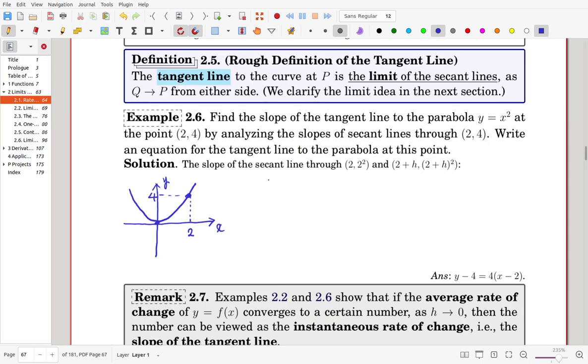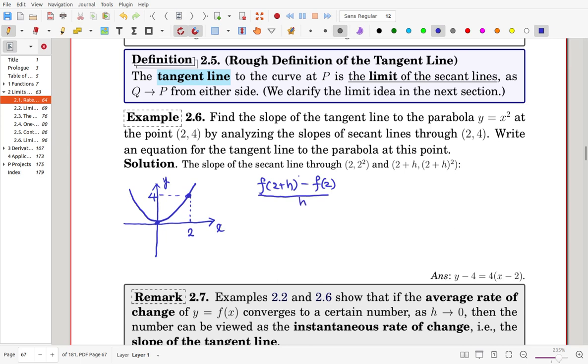Okay, here we start with the average rate of change, that is f of 2 plus h, where x is 2 and h is the distance, minus f at 2, divided by h.